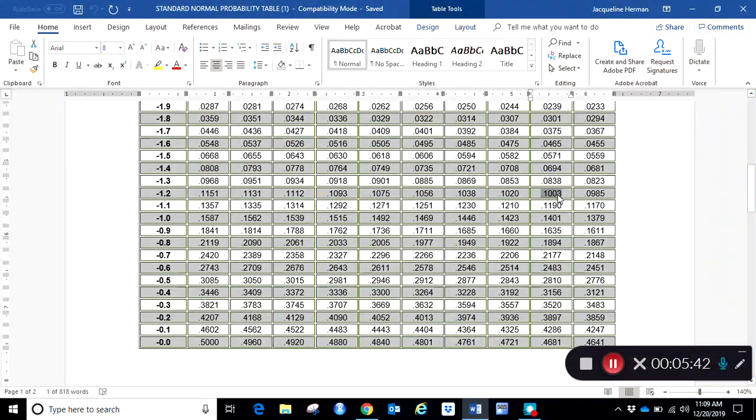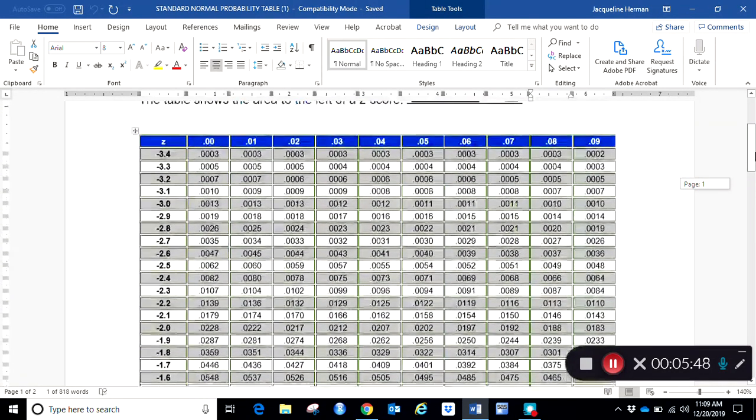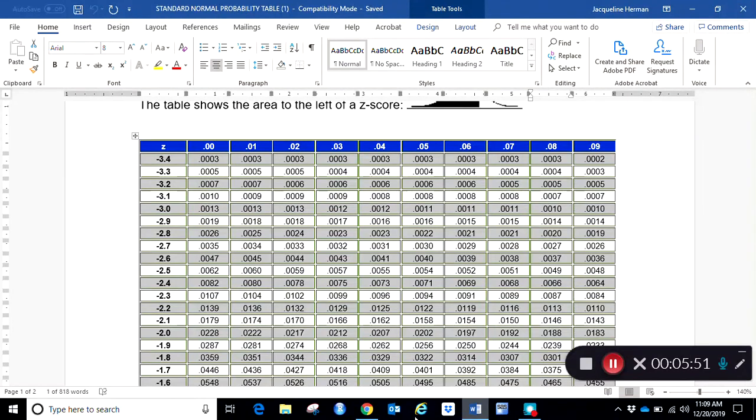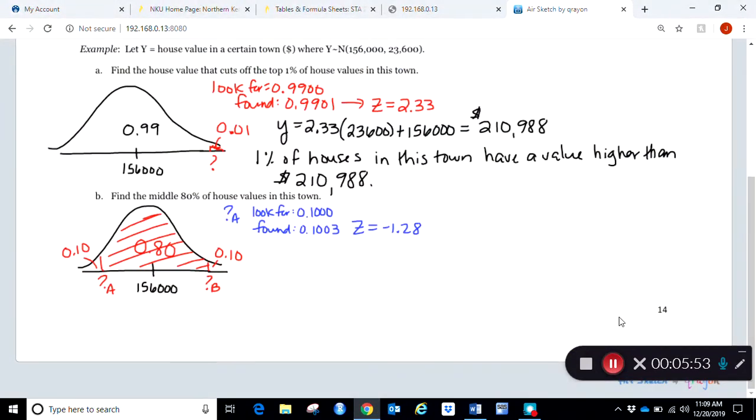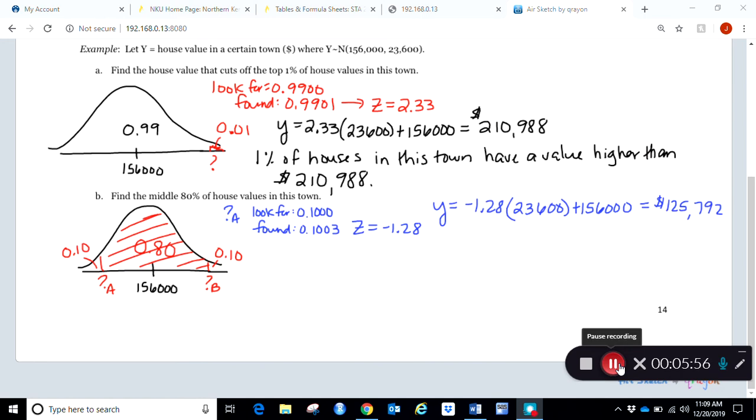Here's my closest thing to that 0.1000 that I found, corresponding to that z of negative 1.28. Now I can go ahead and plug that number into my y equals formula. And so for this value, I got $125,792.